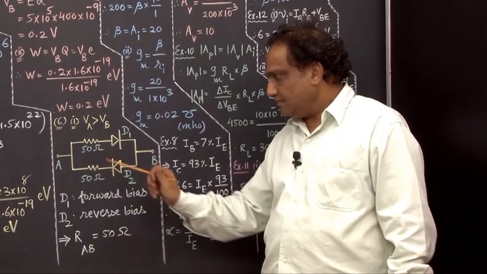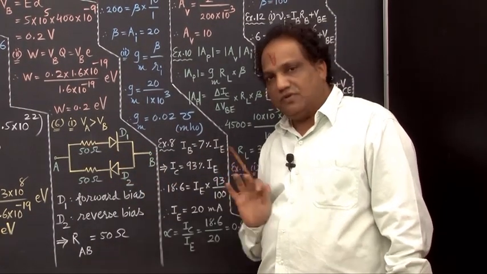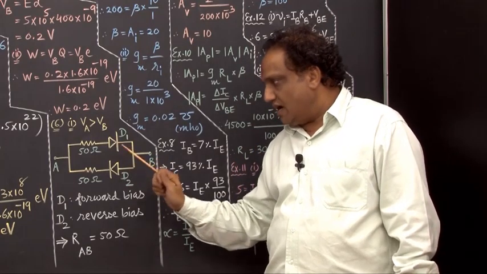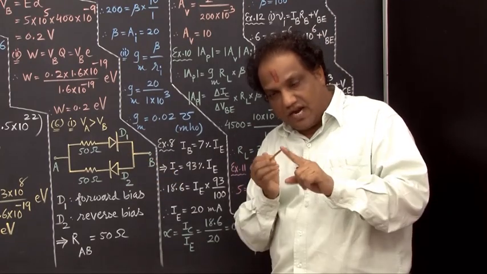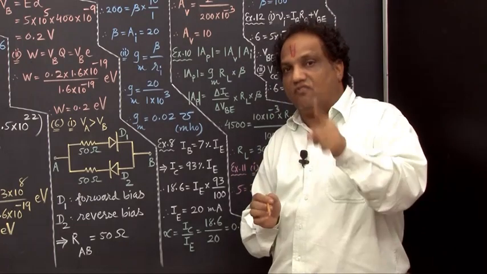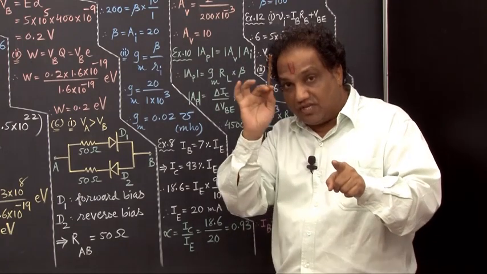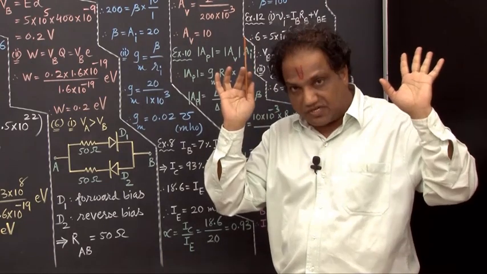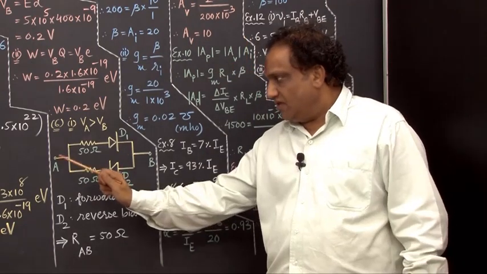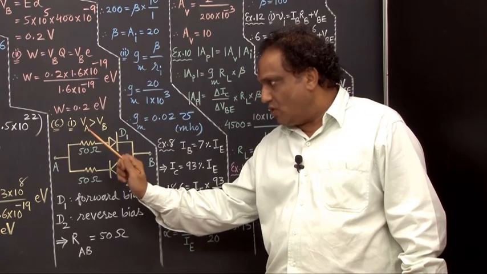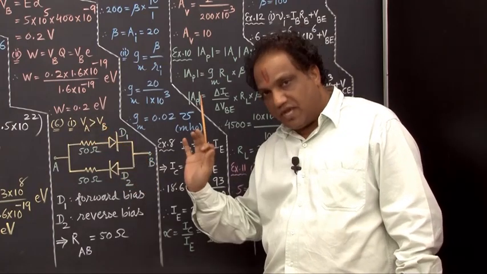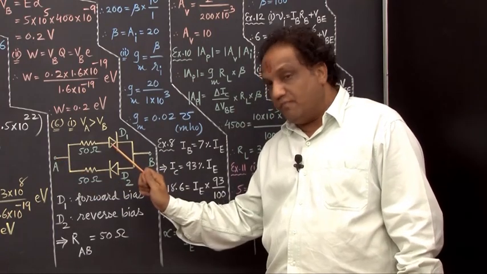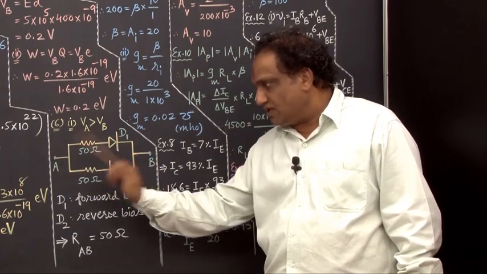Read it? They have given this sort of circuit diagram in which these two diodes are ideal diodes. For an ideal diode, remember, in forward bias condition the resistance would be 0, and in reverse bias condition resistance would be infinite. Fine. Now in the first case they have given potential at point A greater than potential at point B. When this potential is greater than this potential, this diode will be forward biased because P is with positive, correct?